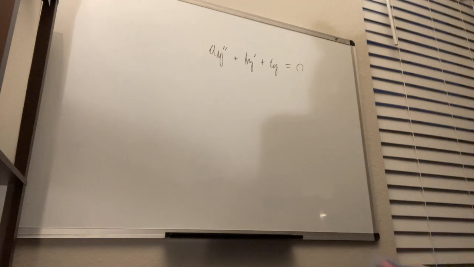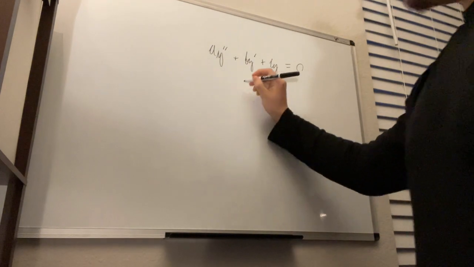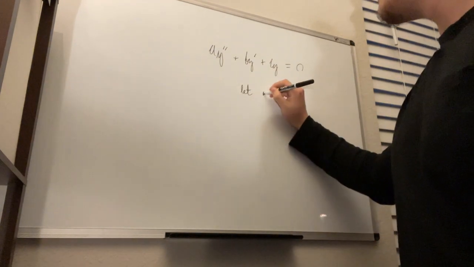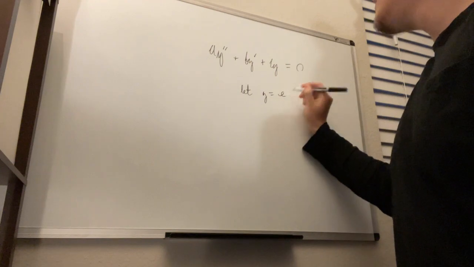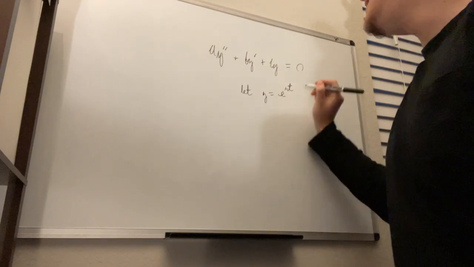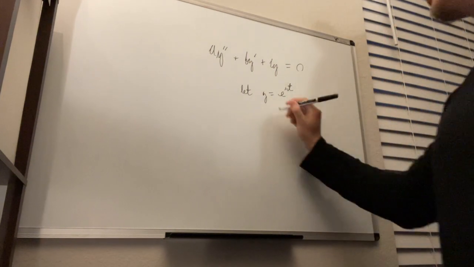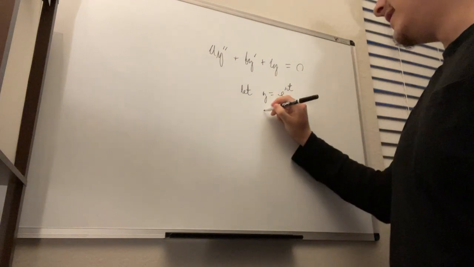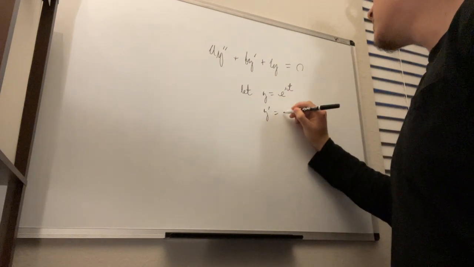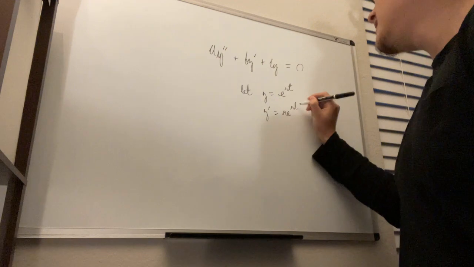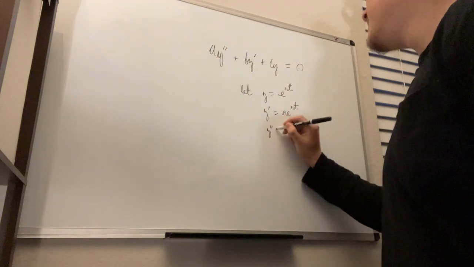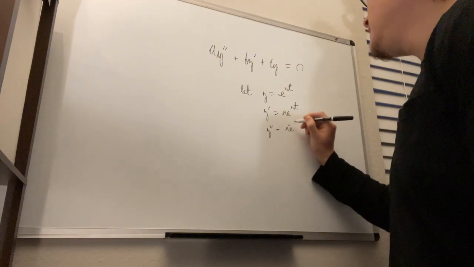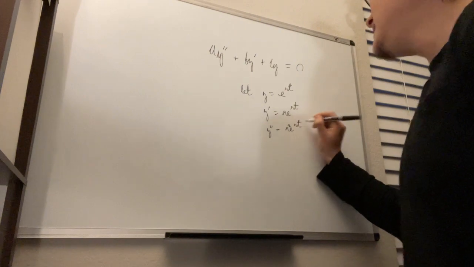We want to let y equal e to the rt. Differentiating, we get y prime equals re to the rt, and y double prime equals r squared e to the rt.